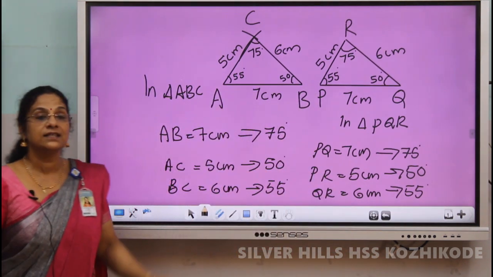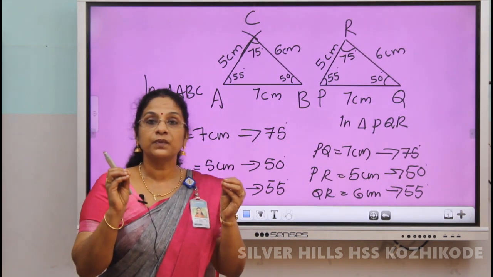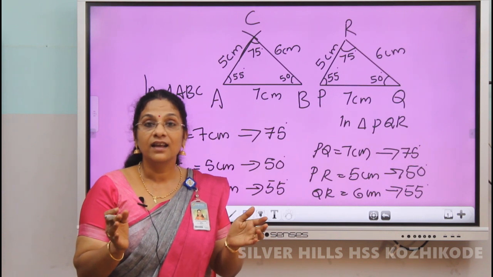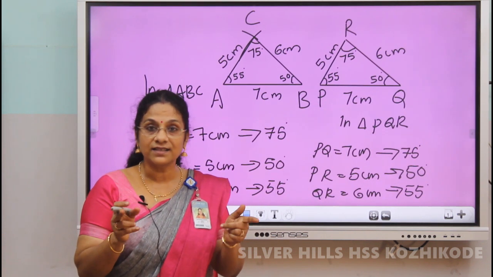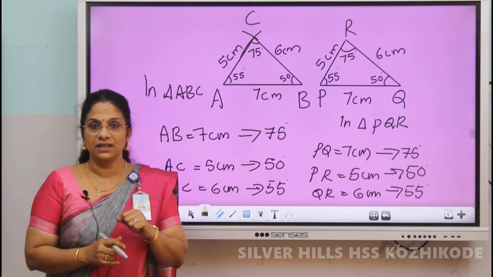In both the cases, you can see that the angles opposite to equal sides are equal, when all the three sides are equal. That means we got a point from this.